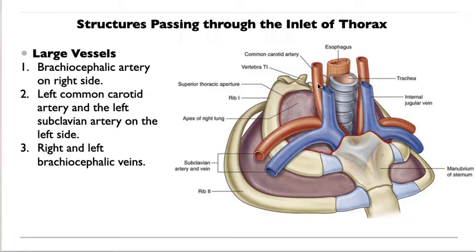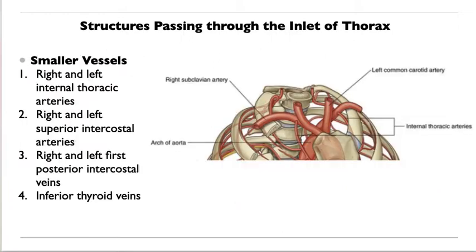On the left side, right and left brachiocephalic veins. The smaller vessels, we have the right and left internal thoracic arteries, the right and left superior intercostal arteries, the right and left posterior intercostal veins, and the inferior thyroid veins.